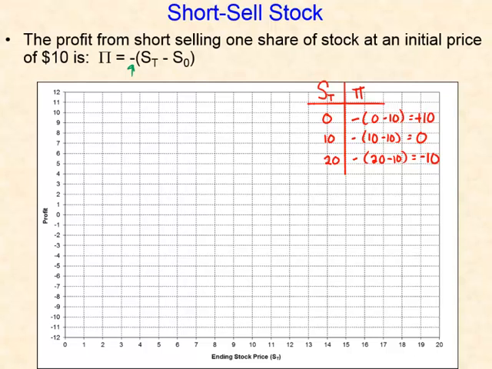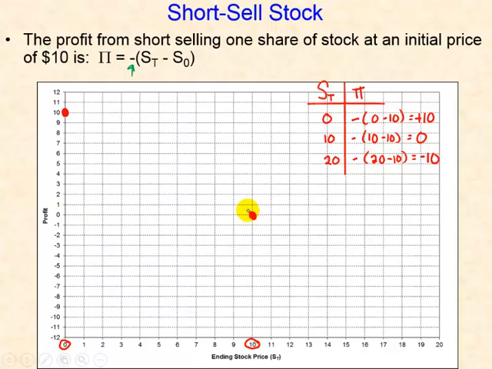Let's plot these points on our chart and connect them with a line. So we'll start with an ending stock price of 0 and a profit of +10. So we'll come down here to the x-axis, set the stock price equal to 0, and chart our profit here at +10. Next, we'll set the ending stock price equal to 10, and in that case our profit is going to be 0.